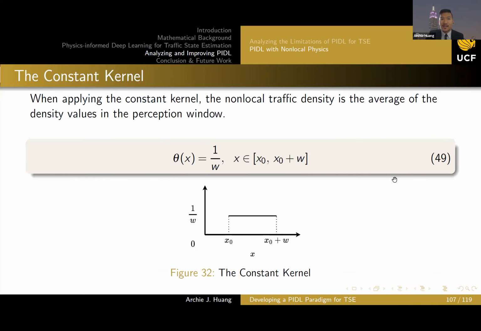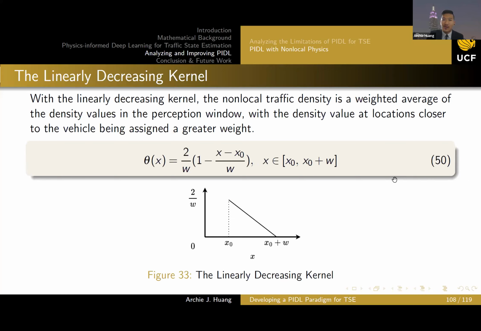The first one is a constant kernel, and in that case, the non-local density is the average of the local density values in the perception window. And the second kernel that we adopt here is the linearly decreasing kernel, in which the non-local traffic density is a weighted average of local densities in the perception window.